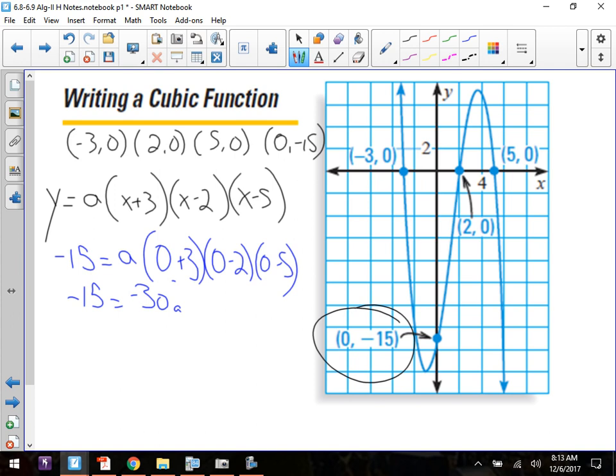Oh yeah, I'm sorry, you're right. So it's 3 negatives, so it's positive 30. I do that all the time. Just add the extra one and it's positive. Oh, I'm sorry, I was writing 3 up here. So what's your value of a? -1/2.